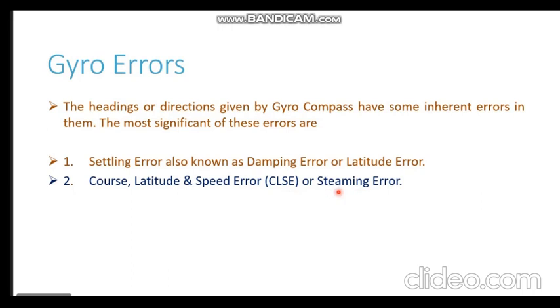Now the second error gets its name as steaming error because this error is present in the compass only when the ship is moving or steaming. If the ship is not steaming and is stopped, in that case the second error is absent. It is not there. That's why the name given to it is steaming error.